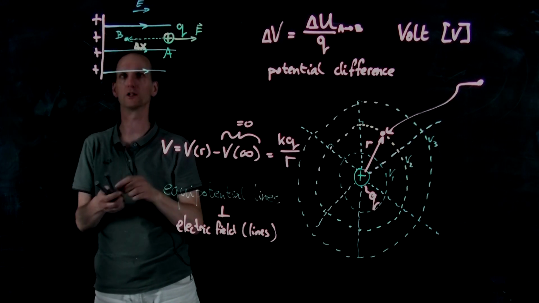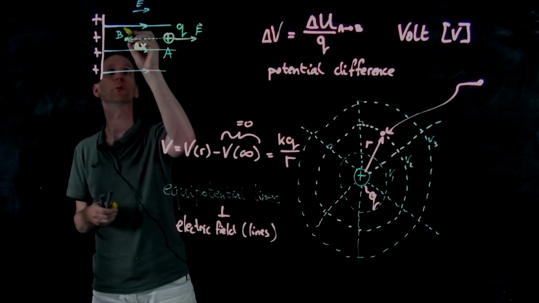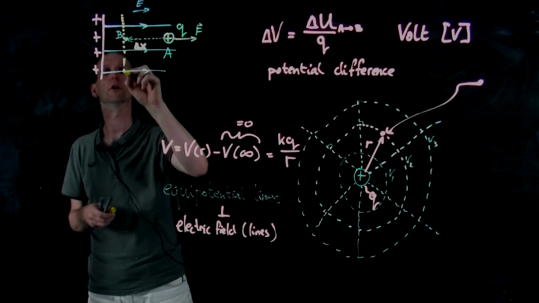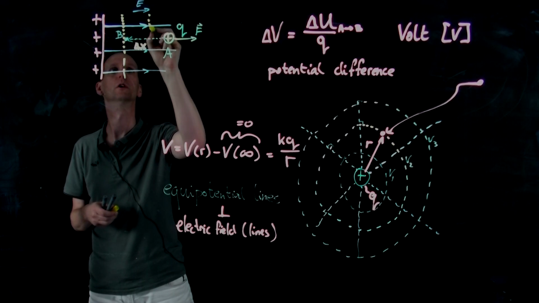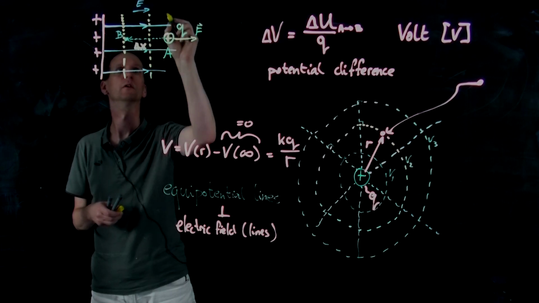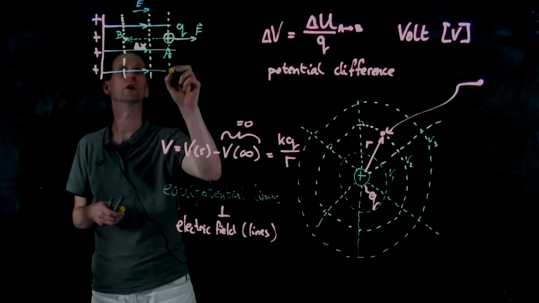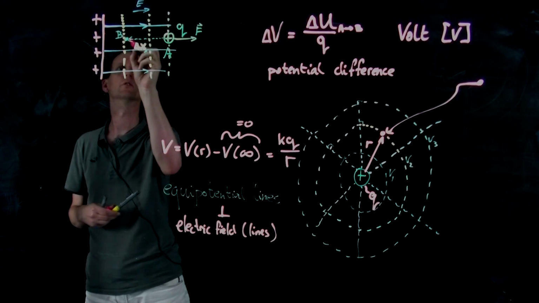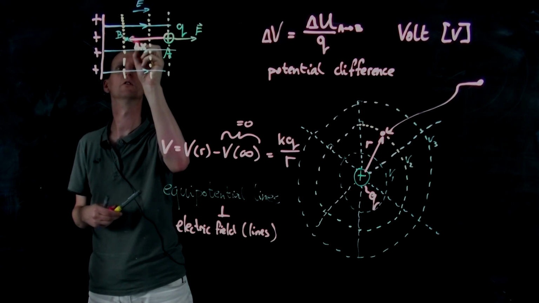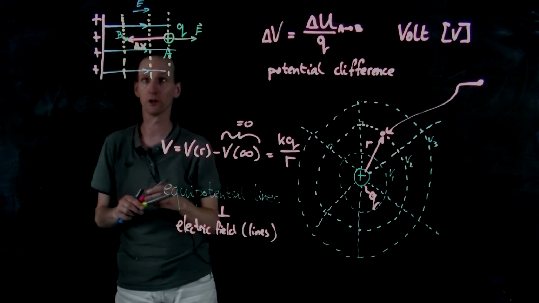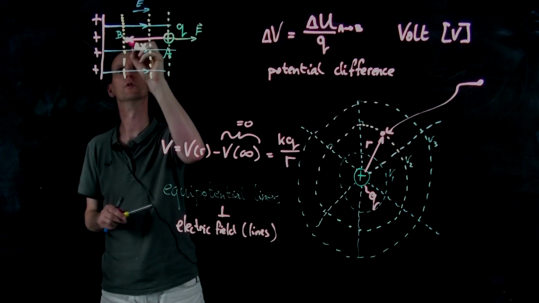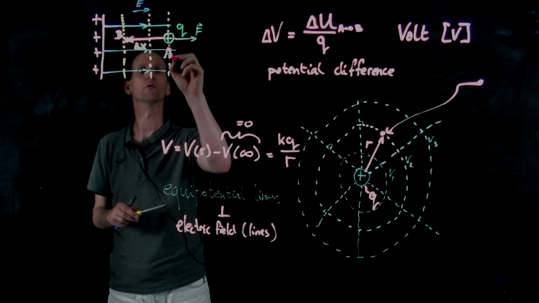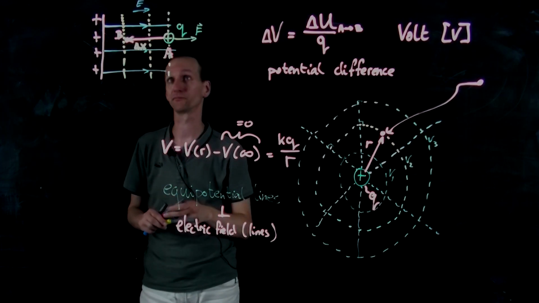So the potential lines in this case are perpendicular to the field lines, so they run parallel to the plate. So here are the field lines. Let me indicate the change in position here with a different color. And so this is the vector over which we move the particle from A to B.